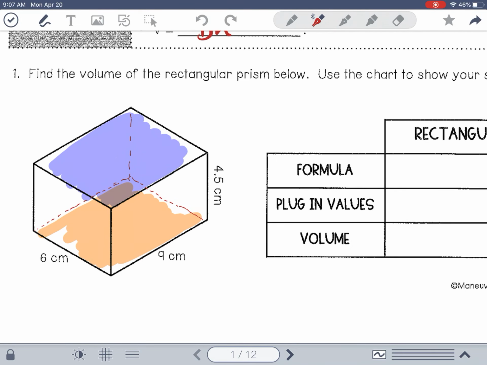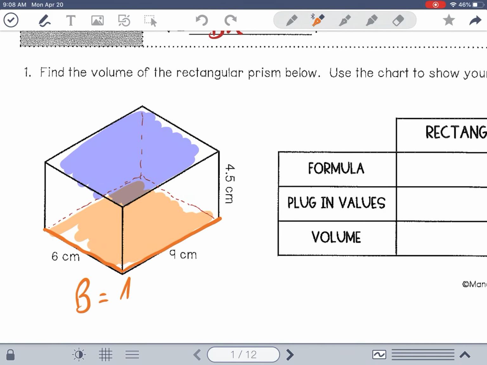The orange base is 6 by 9, so this would be the area of the base. That's little b times h, which is 9 times 6.